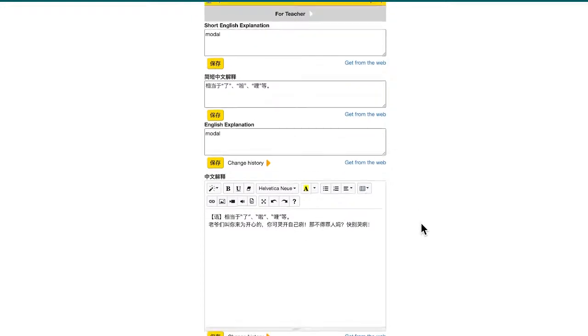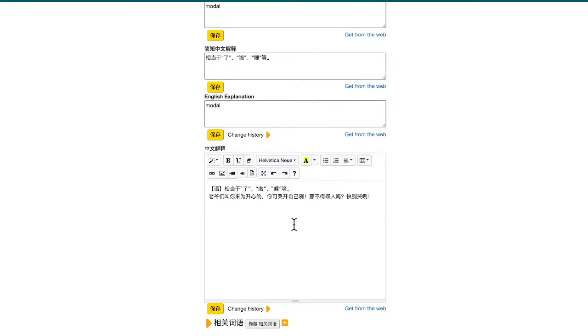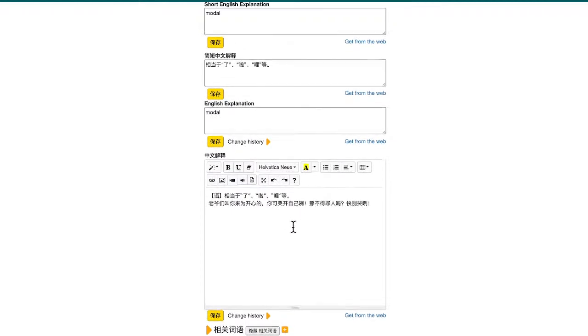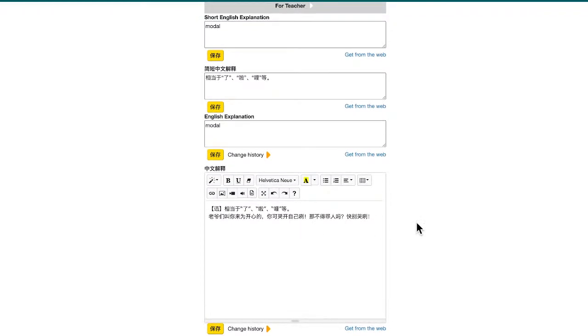For example: 老爷们叫你来为开心的，你可哭开自己嘞，那不得得罪人吗？别哭嘞。Here there are two 嘞 over there. This is really similar to the words we learned, like la, le, li. This is probably a regional difference.